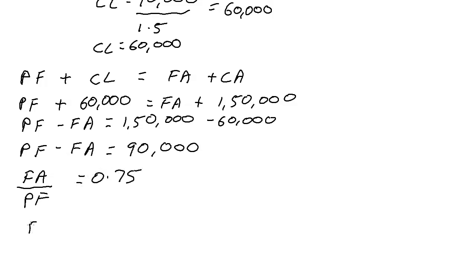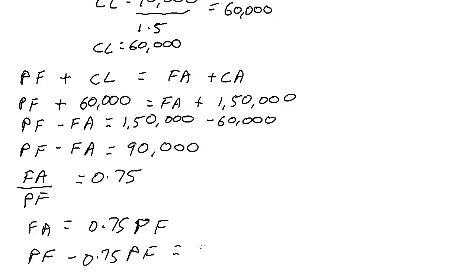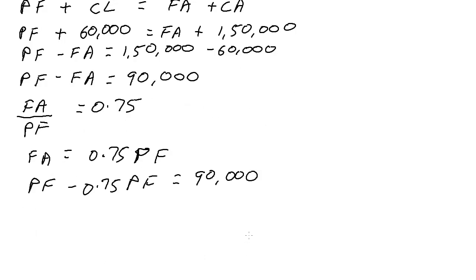So that means I can say that fixed assets is equal to 0.75 proprietors funds, and I can then do proprietors funds minus 0.75 proprietors funds is equal to 90,000. That means 0.25 proprietors funds is equal to 90,000.